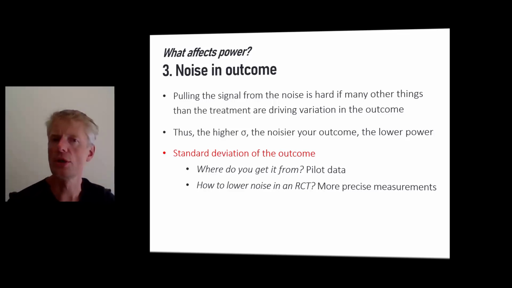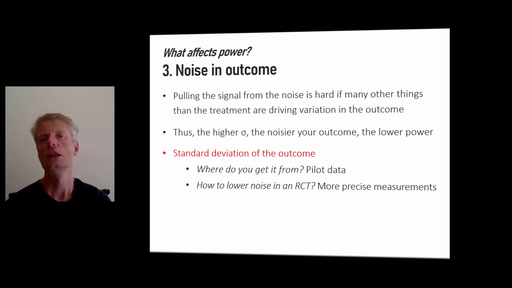But those are all noisy measures, right? So all outcome measures tend to be noisy, but some are more noisy than others. And the more noisy your outcome measure is, i.e. the larger the standard deviation of your outcome, the more difficult it is to identify an effect. So the more difficult it is to find a signal in all this noise.